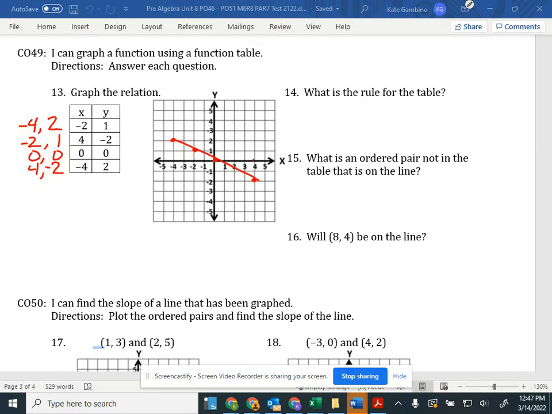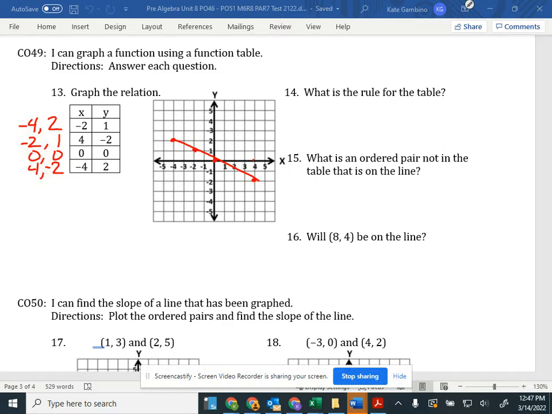Now that it's in order, I can kind of see how I go from my X to my Y. What were some patterns that people were seeing? How were you finding what the rule might be? I've got a lot of people that got this one right.